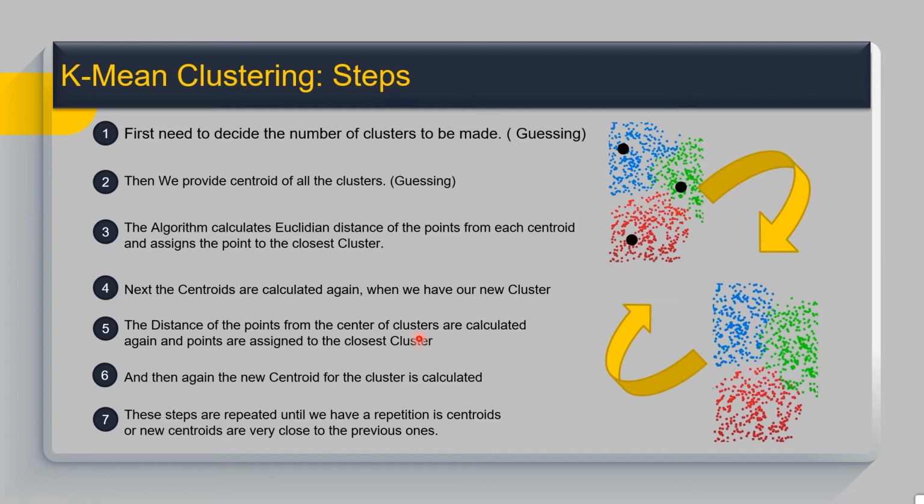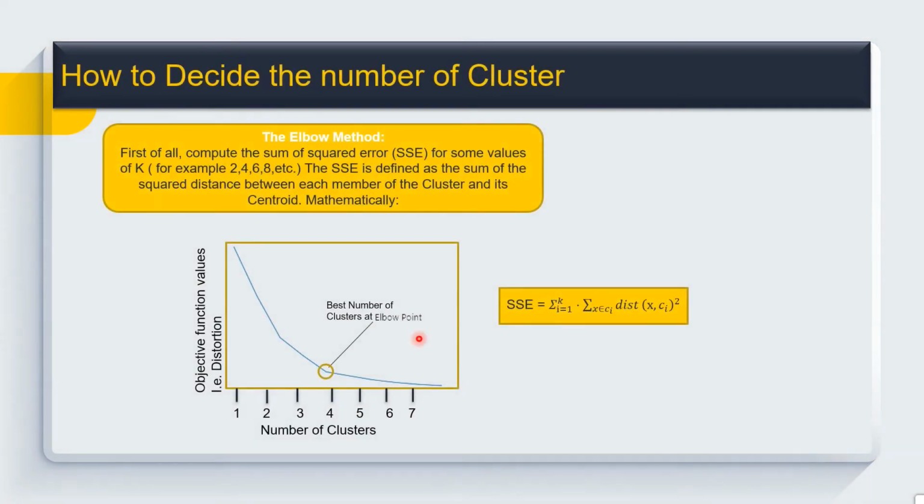Basically, an important part here is to understand how to decide the value of K, or the number of clusters, because it does not make any sense if you do not know how many classes you are going to take. So to decide the number of clusters, we have the elbow method. Let's first compute the sum squared error, which is the SSE, for some values of k, for example 2, 4, 6 and 8.